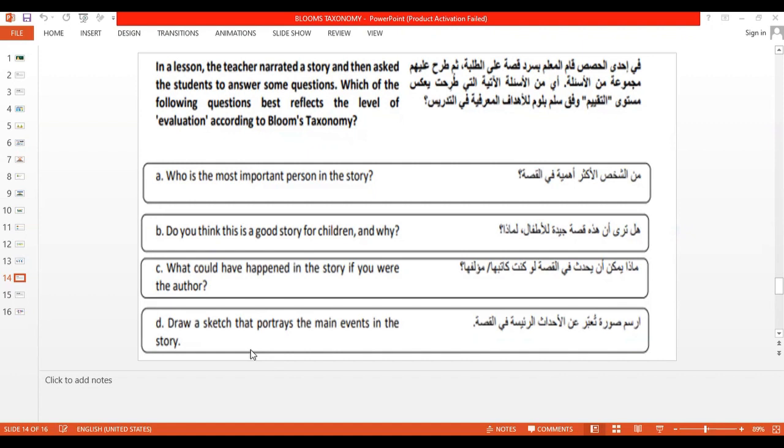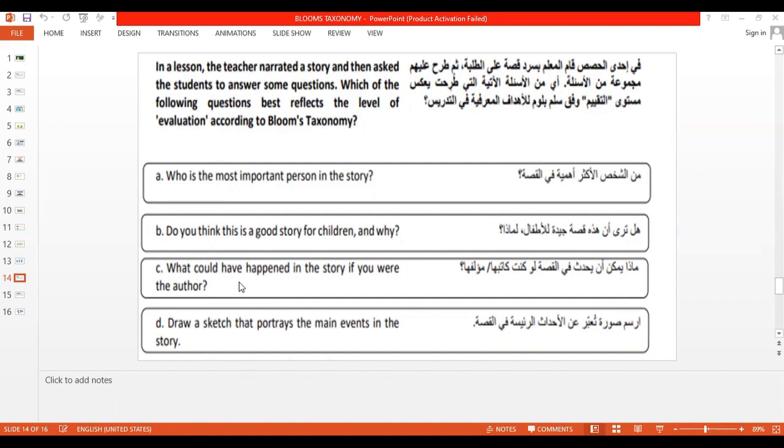Sketching is just applying what you have already known. Here, drawing a sketch doesn't have any relation with judging. Actually, it is an application of what is already learned. So this is not the correct answer. Next one is, what could have happened in the story if you were the author?